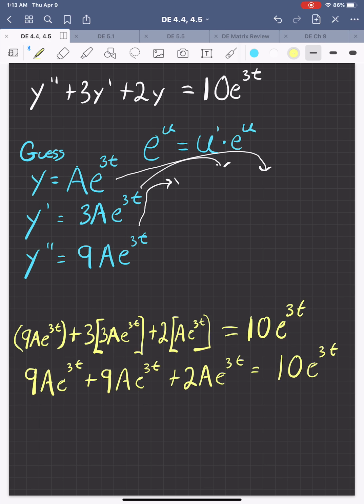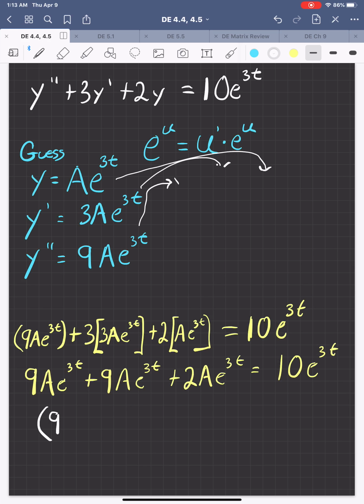Okay. Now, each of these are like terms, right? They're all a e to the 3t's. So then what I can do here is I can simply write that as 9.